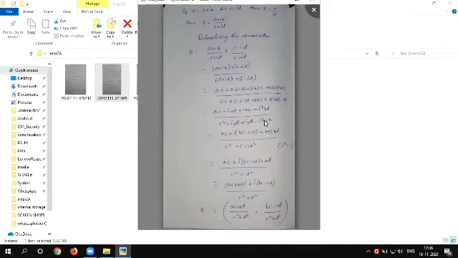Plus into minus is minus, i into i is i square, d into d is d square, so i square d square. Now ac as it is. Here i is common from these two terms, so i into (bc minus ad), and minus i square value, which we know is minus 1, into bd.